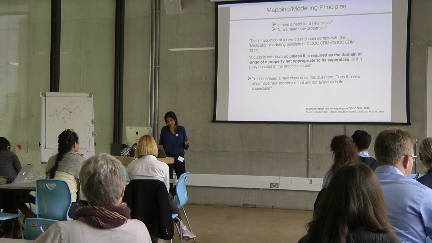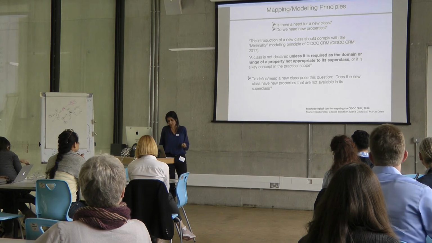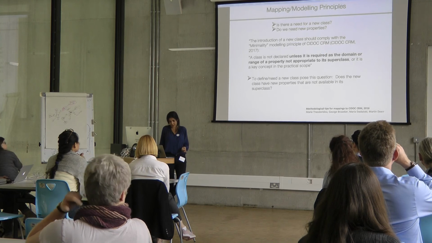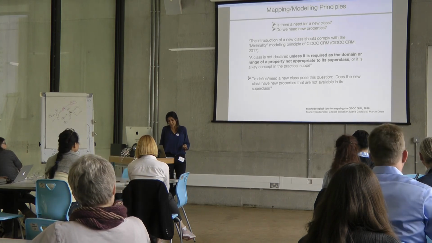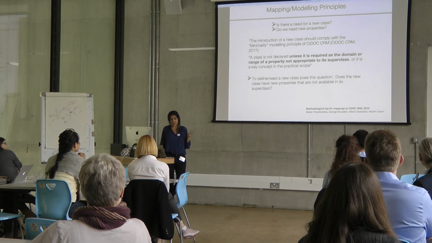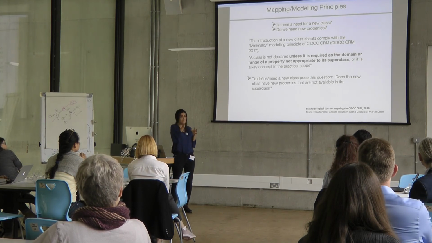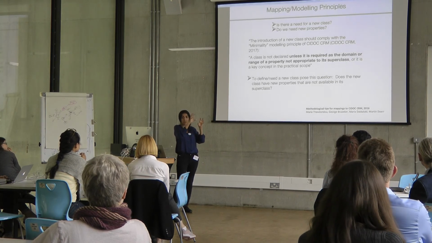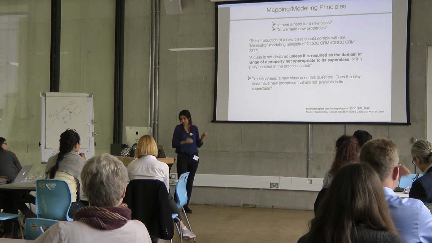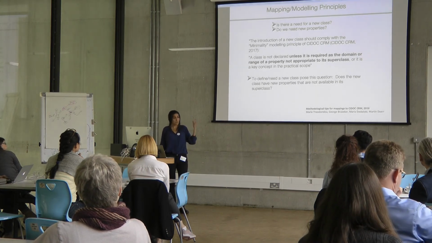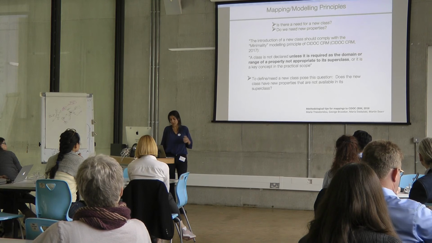A class is not declared unless it is required as a domain or range of a property not appropriate to its superclass. It's mainly to answer the question of whether the new class needs a new property.